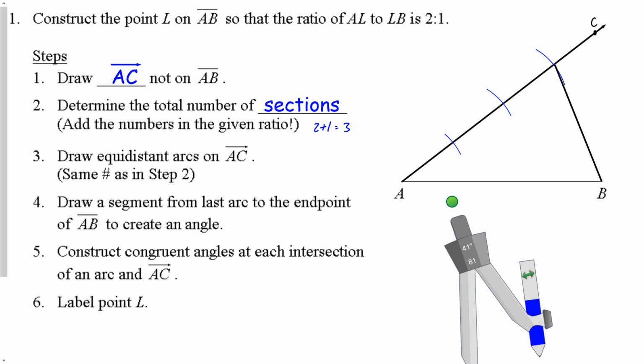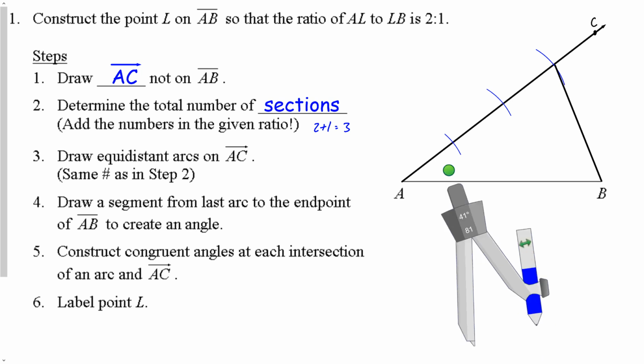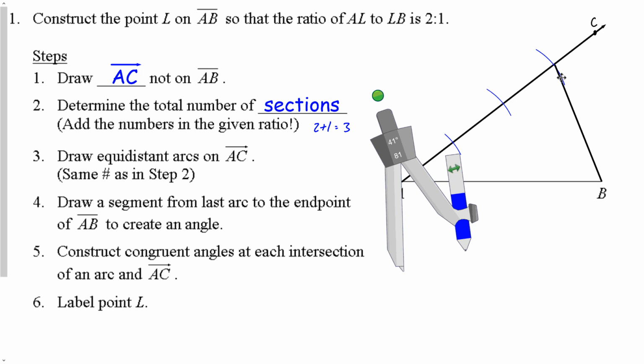What we just did is create an angle between ray AC and this last segment that we drew back to point B. Step 5 says we have to construct congruent angles at each intersection of an arc and ray AC, congruent to this angle that we just formed in our last step.